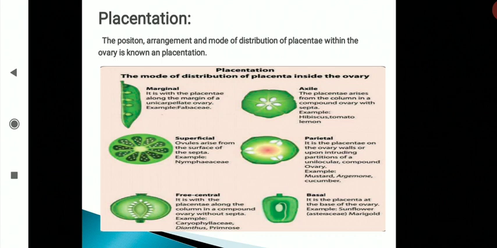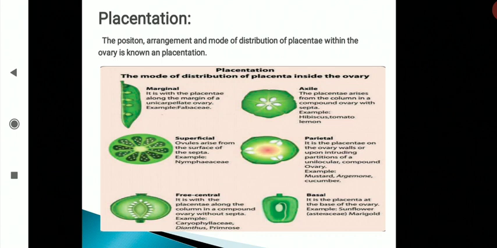Next one is basal placentation. The ovary is unilocular, the gynoecium is bicarpellary syncarpous and inferior, and the ovule develops at the base of the unilocular ovary. It is the characteristic feature of the Asteraceae family, for example Tridax, sunflower or marigold.